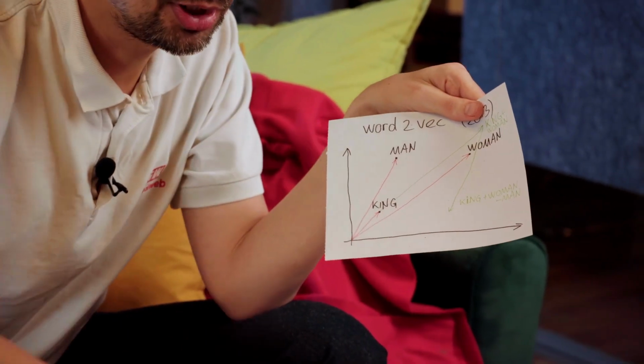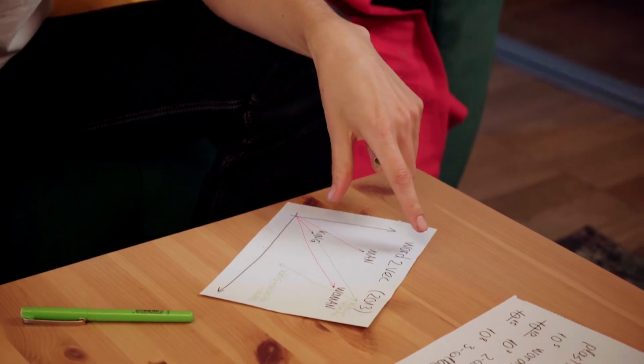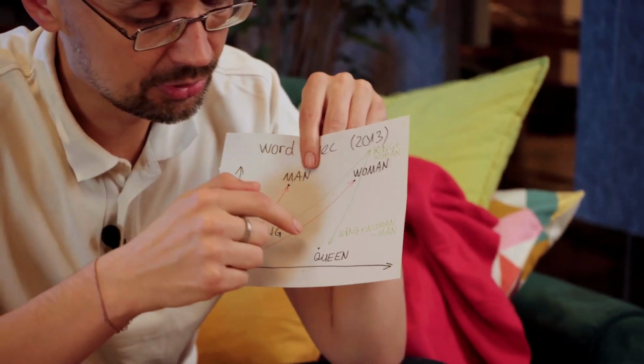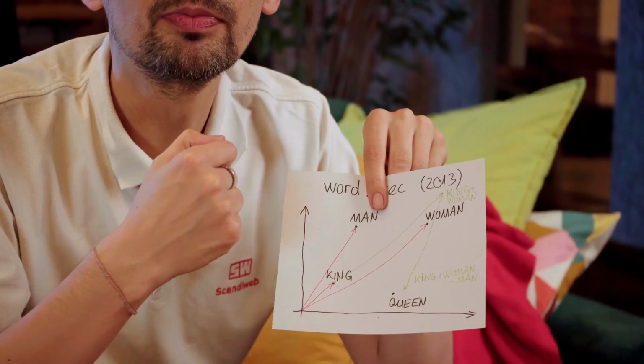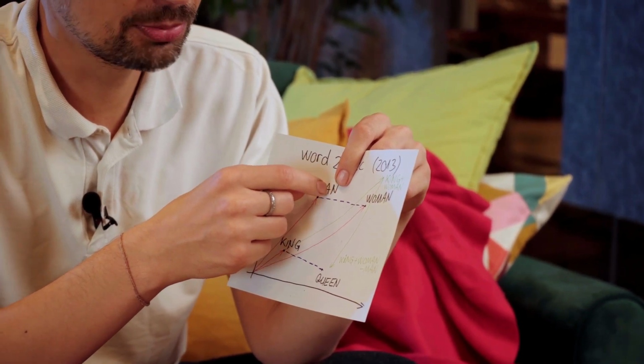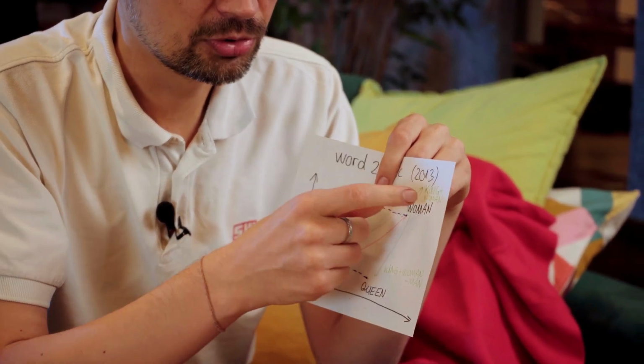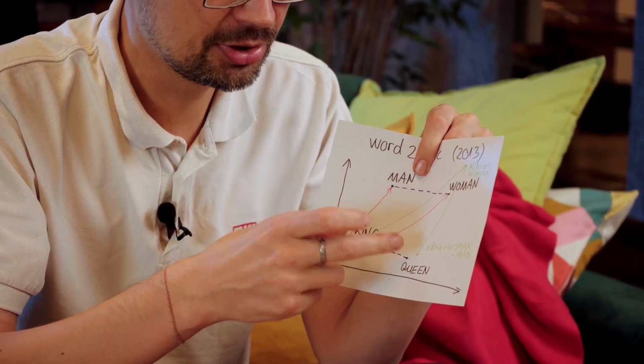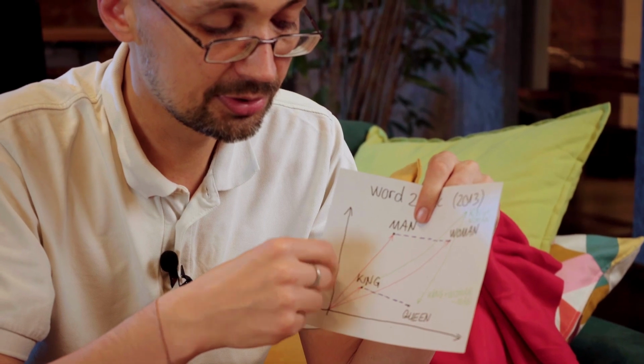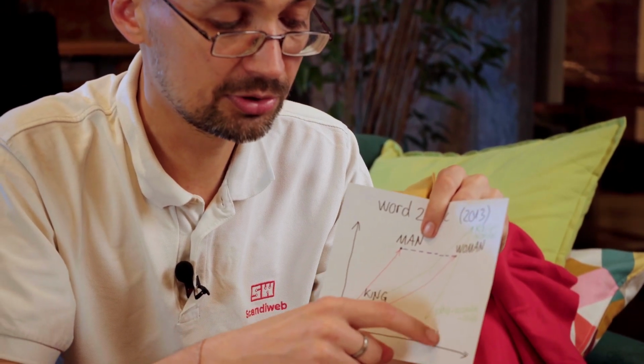And the magic of this technique is that if we consider yet another word, which is queen, it very surprisingly occurs to be very close to this sum. Well, initially this looked somewhat like magic to me, but mathematically this is explainable by means of the context. If we observe the difference between the context where the word man is used and the context of the word woman, this difference will be very similar to the difference between the context of king and the context of queen.